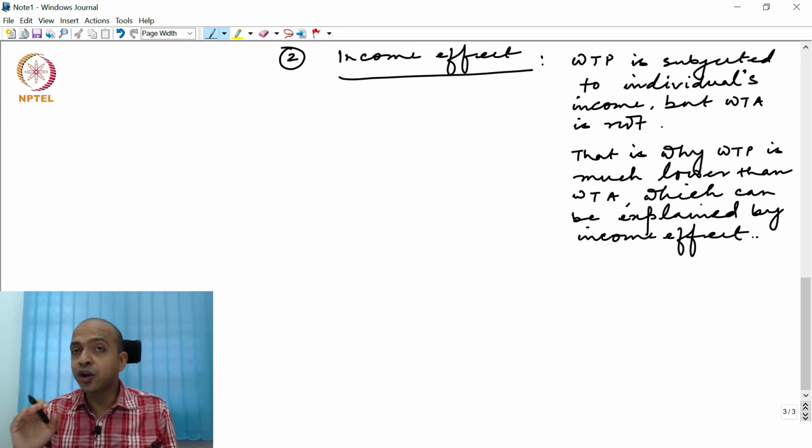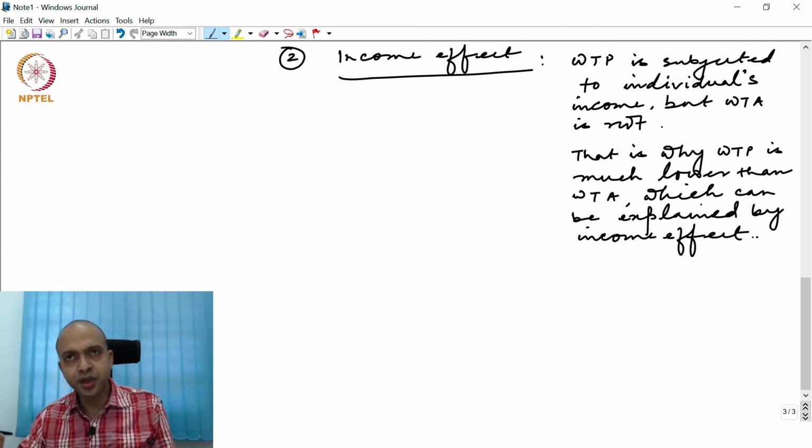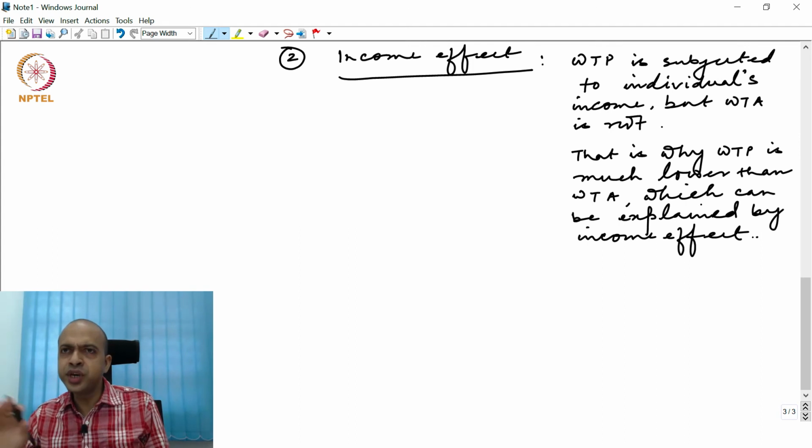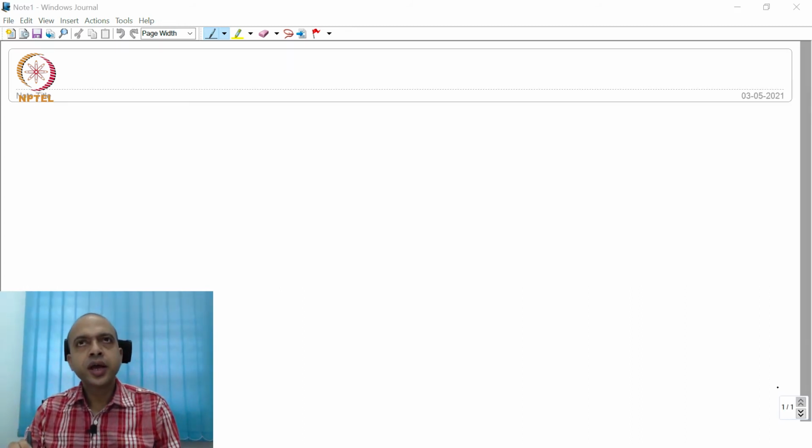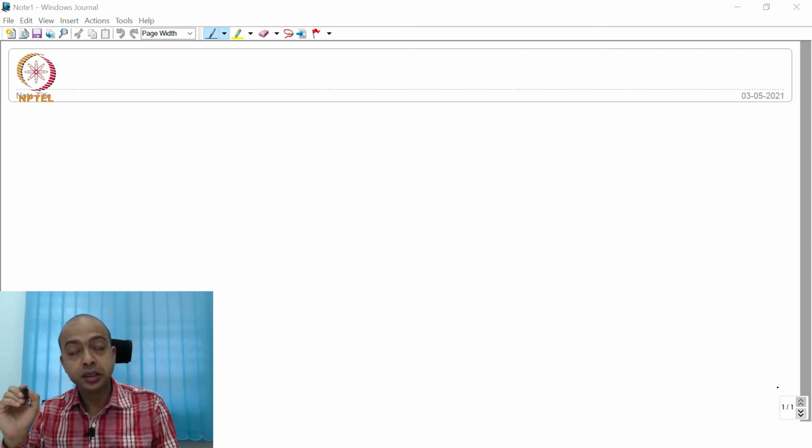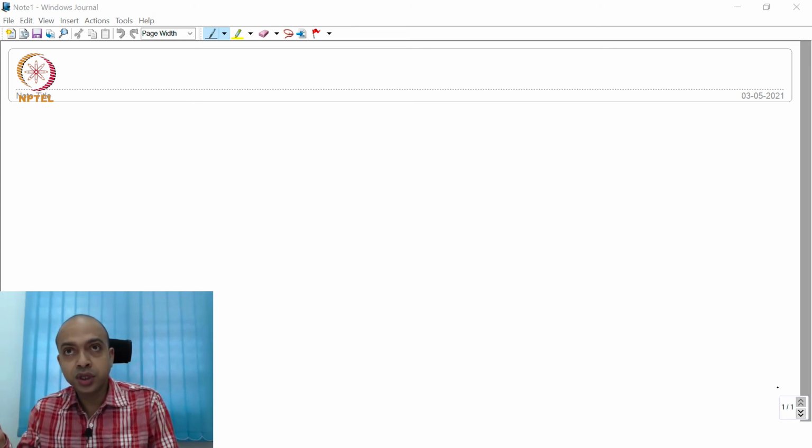Since income effect cannot explain the disparity between WTP and WTA fully, behavioral economists came up with some new explanation for this disparity. When income effect cannot fully explain the disparity between willingness to pay and willingness to accept, behavioral economists came up with a new theory to explain this huge disparity, which is observed in empirical studies.